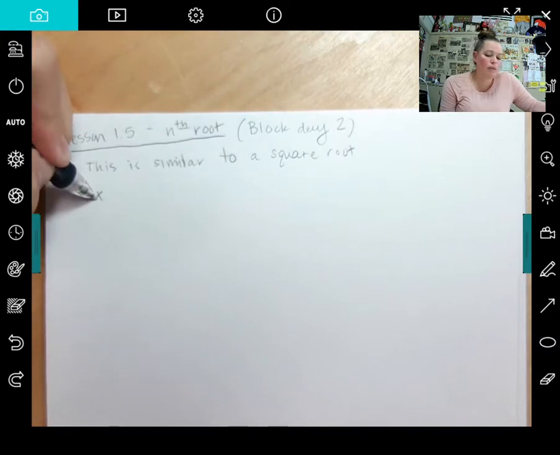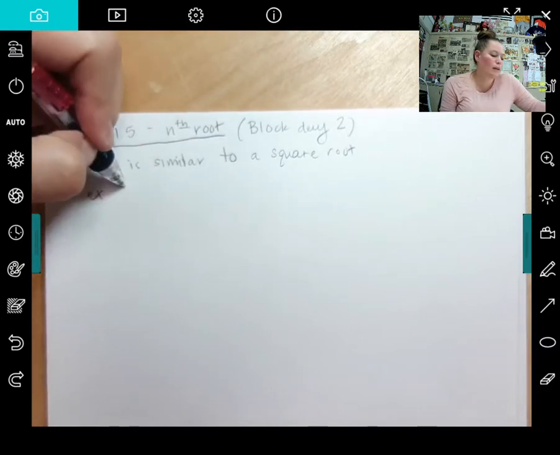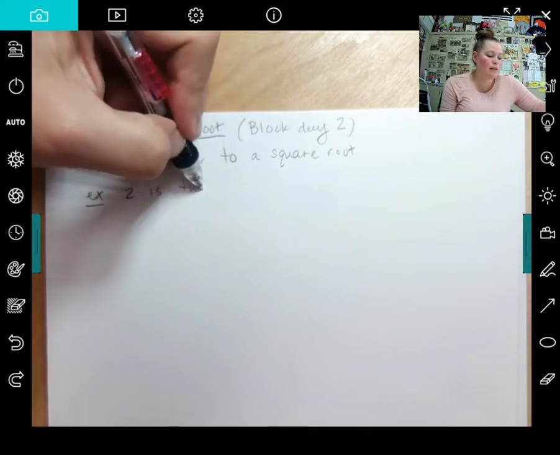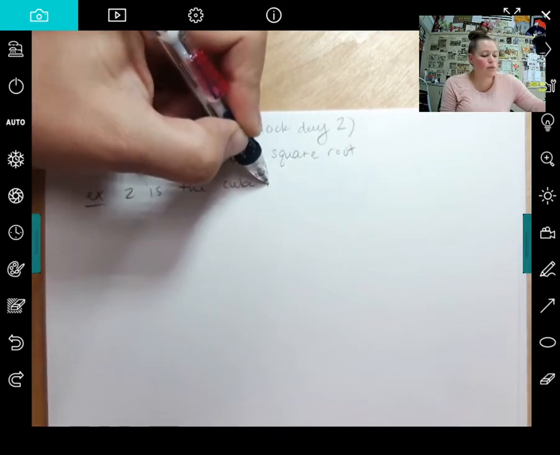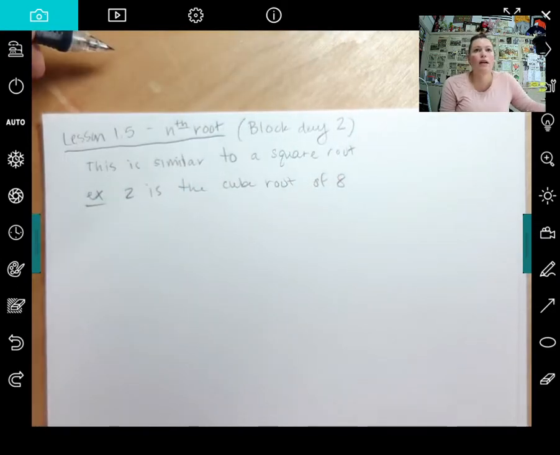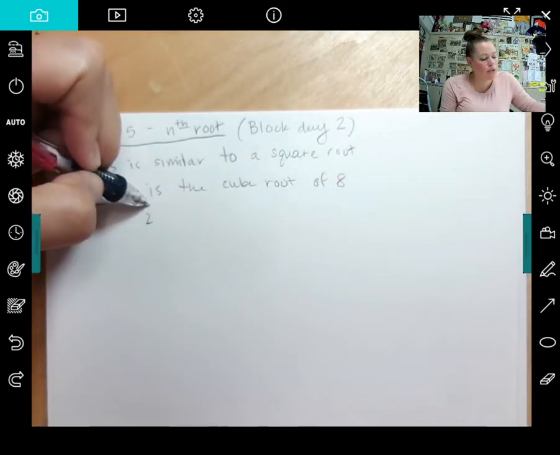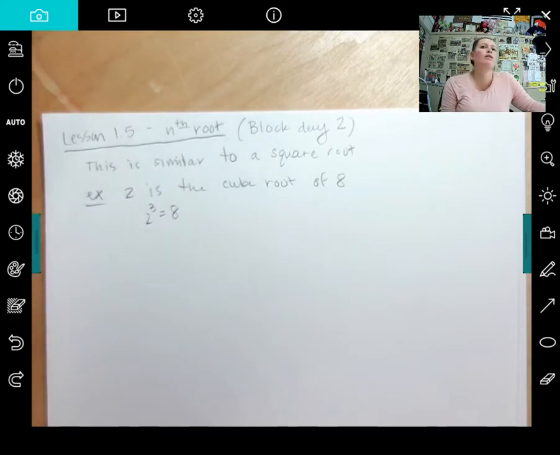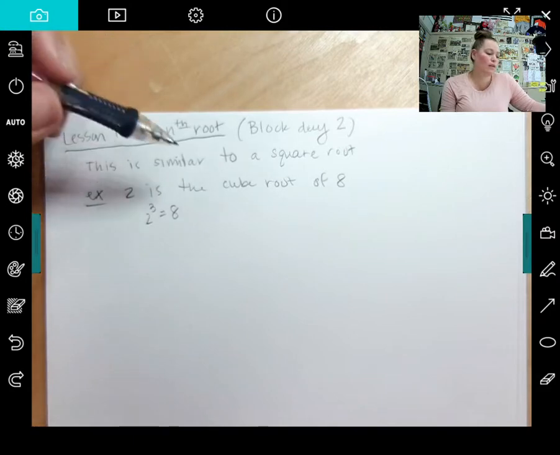So an example of this would be like 2 is the cube root of 8, right? So we know if we took 2 and cubed it, we would get 8. So then if we took the cube root of 8, we should get 2.